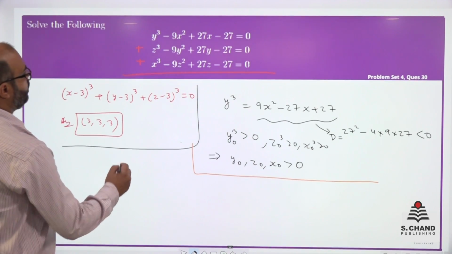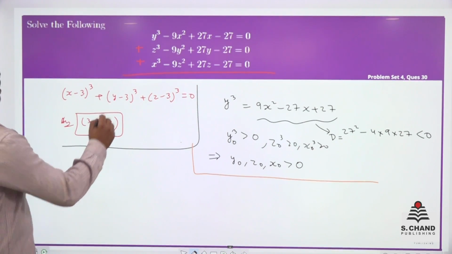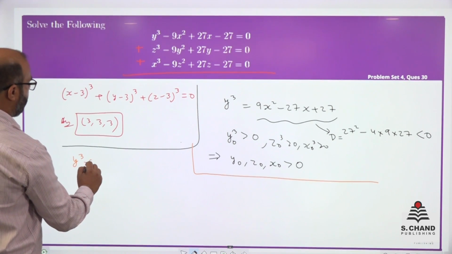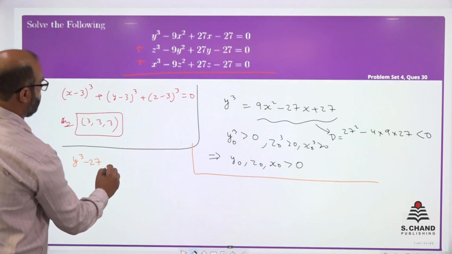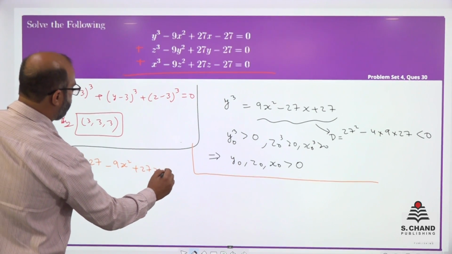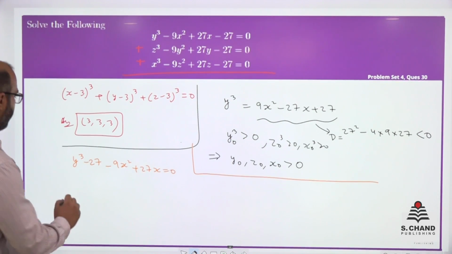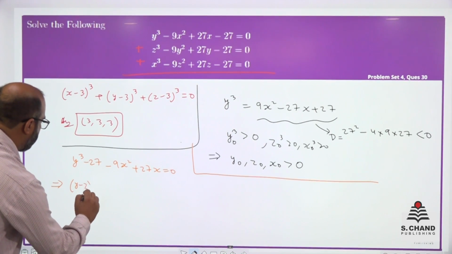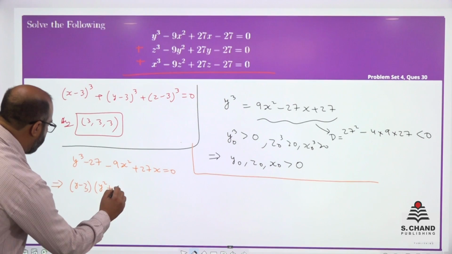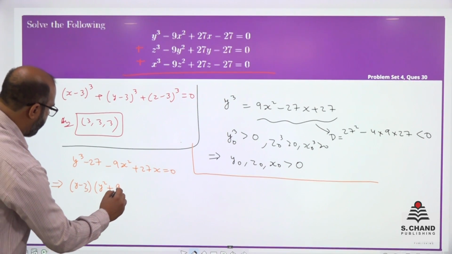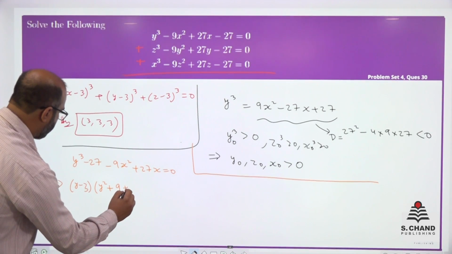So in the next step, I will take this y cube minus 27 minus 9x square plus 27x is equal to 0. And I will write it with the a cube minus b cube formula, which is a minus b, a square plus ab plus b square.